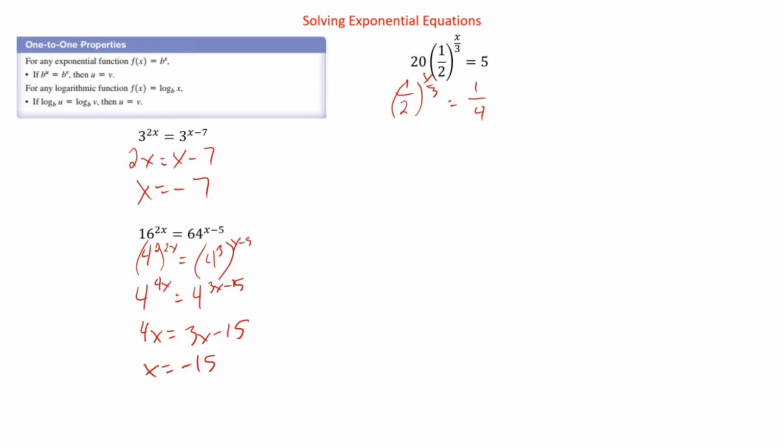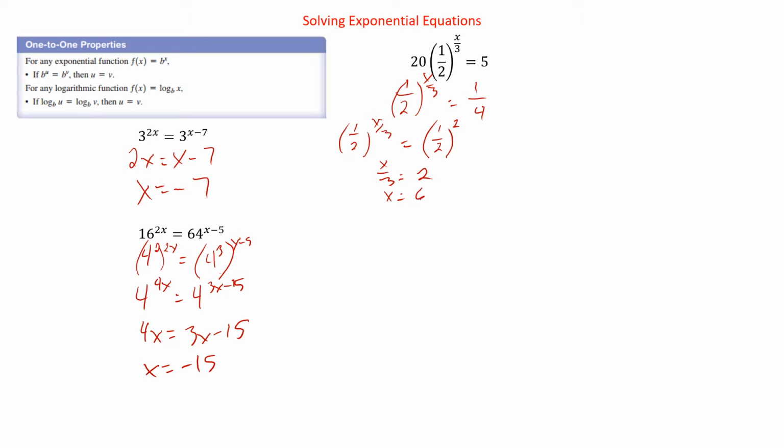From here, there are a couple different things we could do. We could write them using the same base. So we get 1/2 to the x over 3 equals 1/4 is 1/2 squared, which means x over 3 has to equal 2, which means x equals 6.